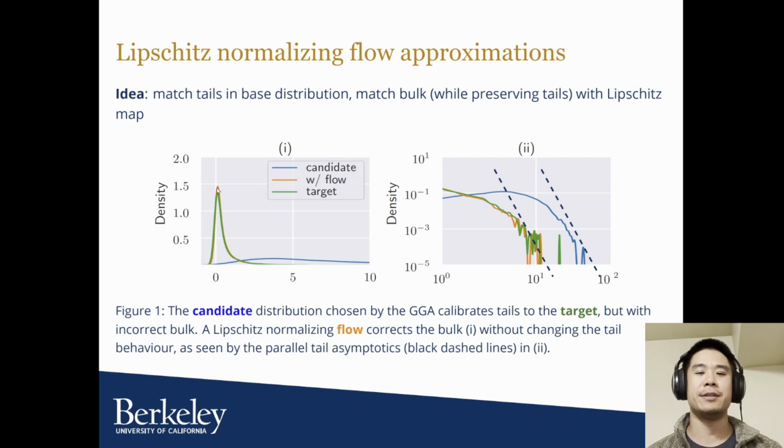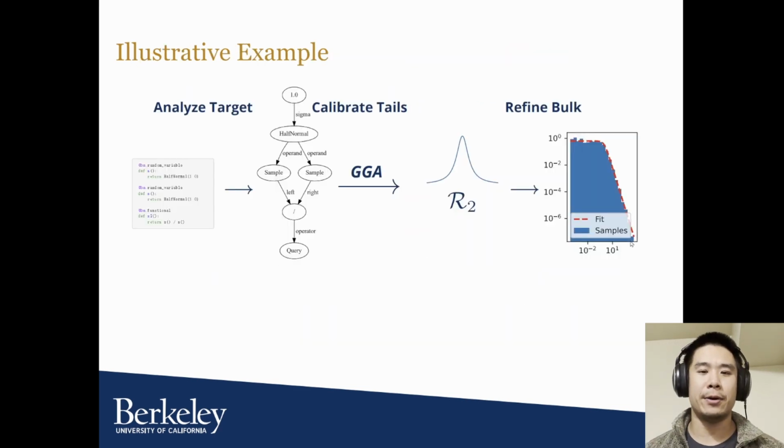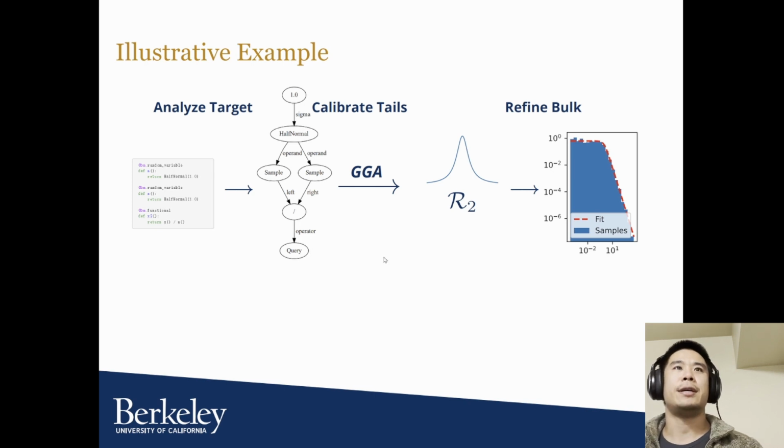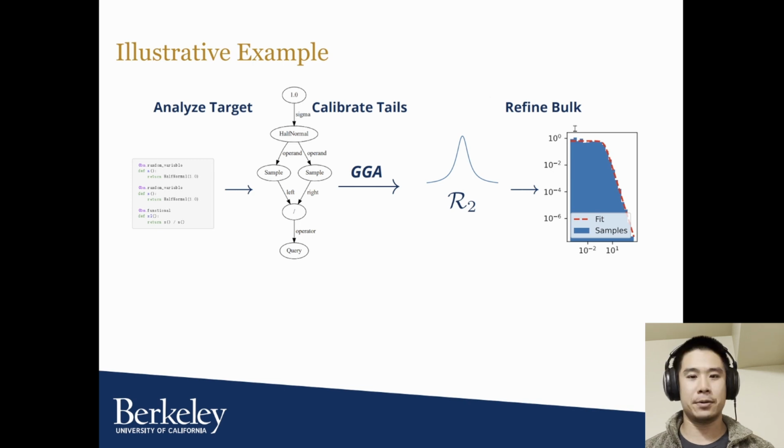The tails are unaffected in this transformation, as evidenced by the two diagonal lines with the same slope. That's it. We now know how to analyze the target distribution's tails, and we know how to initialize an approximation that matches its tails and is also able to capture bulk expressiveness.